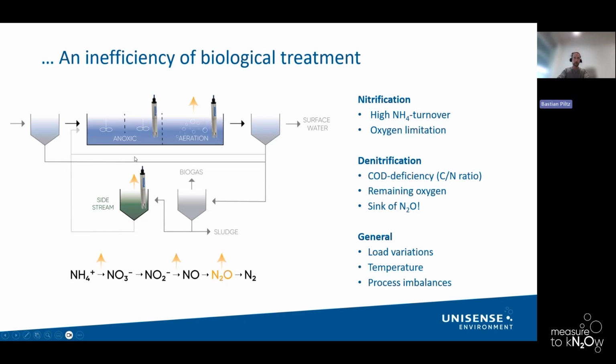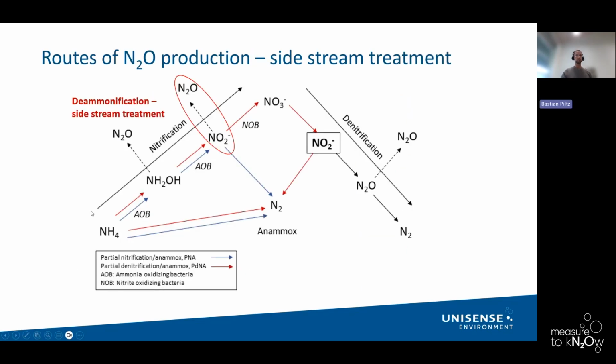We've already seen measurements in the standard mainstream biological treatment in the anoxic and in the aerated basins. One other process that I'd like to highlight now is the side stream treatment, which can be very interesting to look into for nitrous oxide dynamics. If you follow me on this diagram, we have side stream deammonification type treatment, which is implemented as a quite low energy demanding treatment process, but can have significant nitrous oxide emissions.